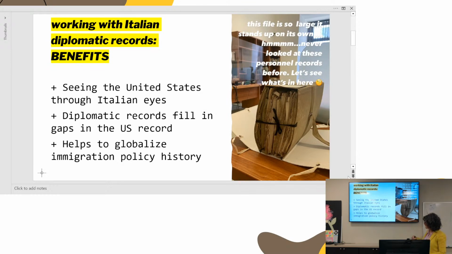We also, by looking at these records, globalize immigration policy history. So notice I'm using the "im," thinking about how people come here. But we also want to think about it as emigration. How do people leave? What structures shape their ability to exit? What paperwork and documents do they have to have? What permissions? What resources? And some of my students who are in our class right now are thinking about that.